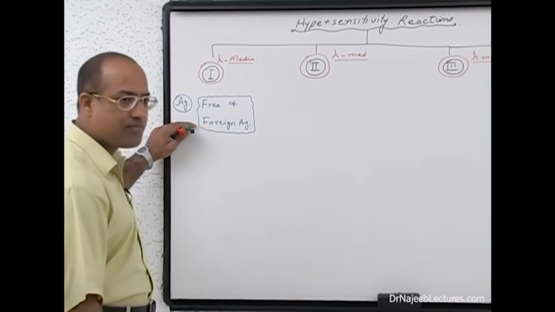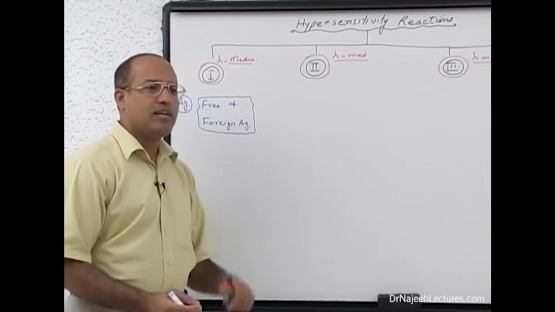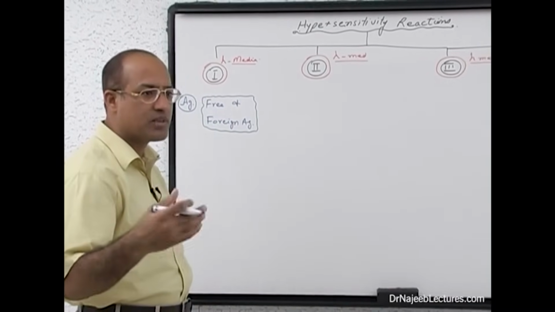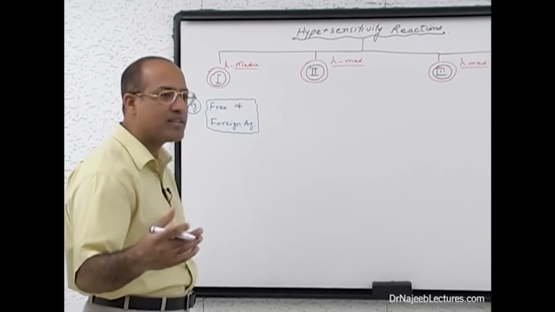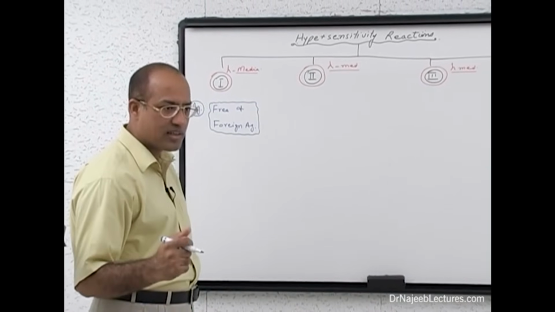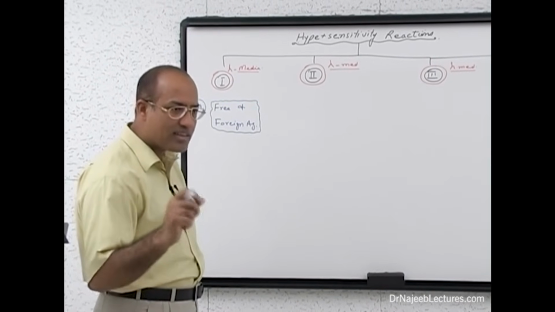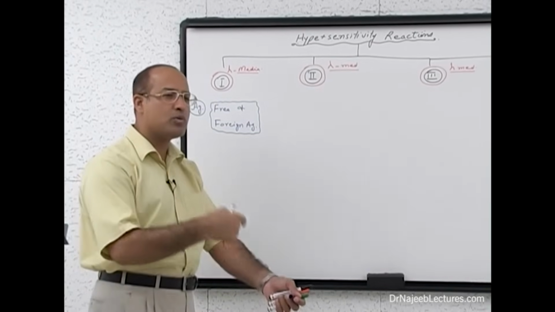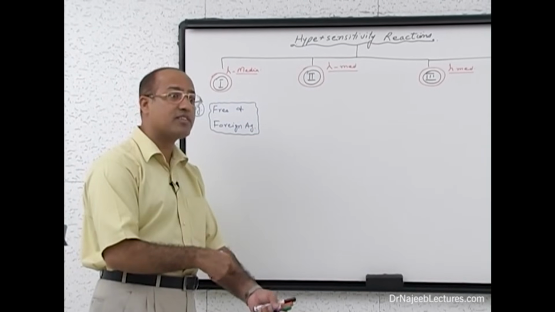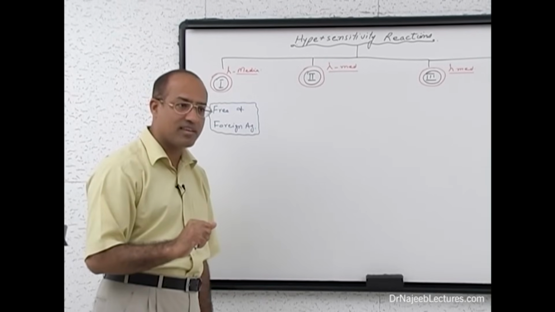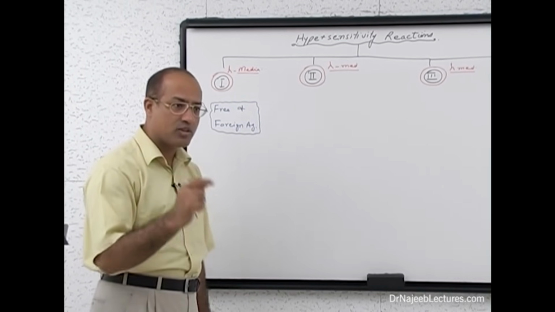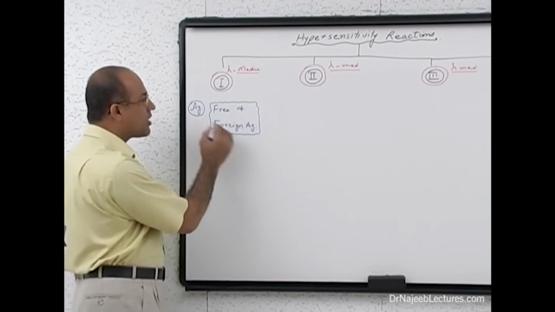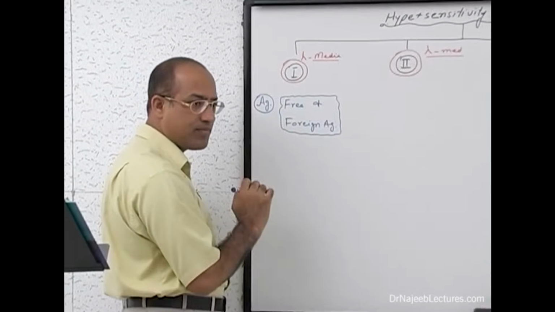Or, for example, you develop hypersensitivity to house dust mite material. Again that is a foreign antigen and a free antigen. Or you develop a hypersensitivity reaction to penicillin. So that is foreign and free. Antigens in type 1 are always foreign and free.